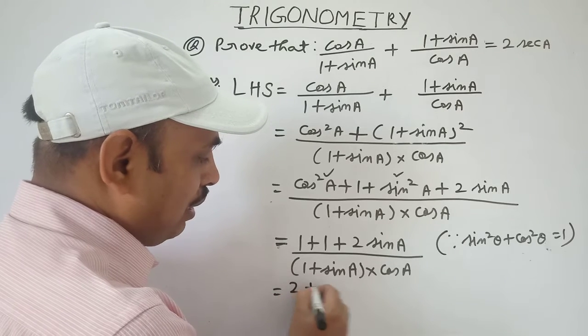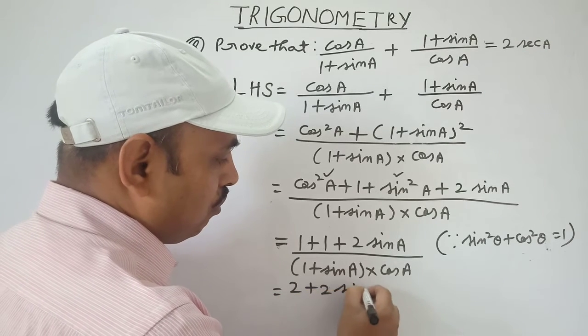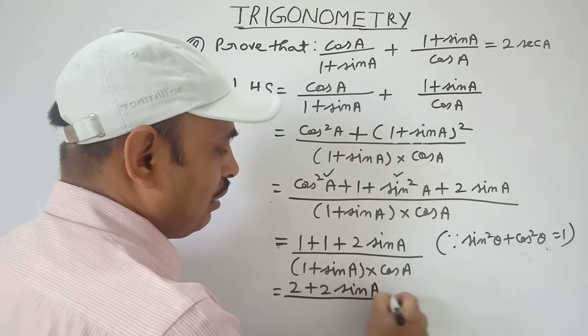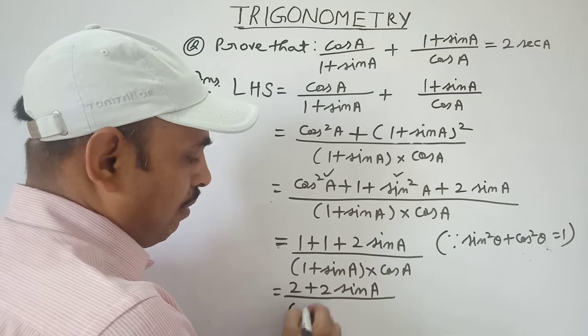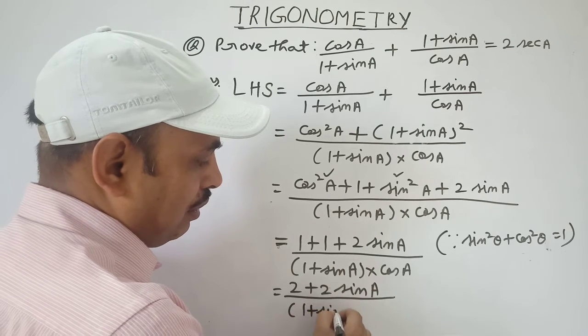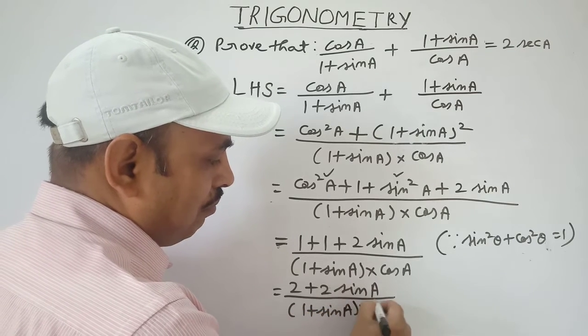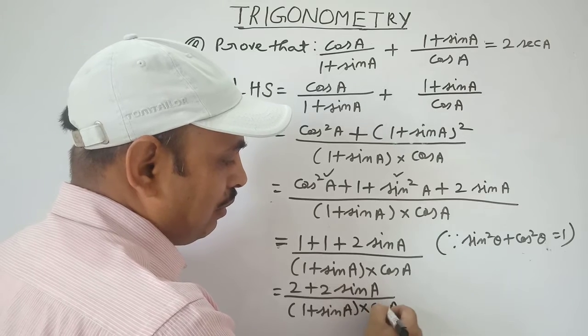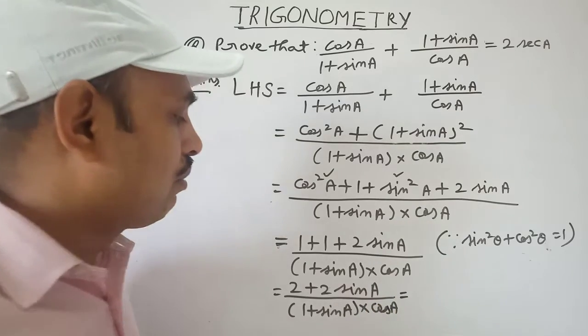So 2 plus 2 sin A divided by (1 plus sin A) multiplied by cos A.